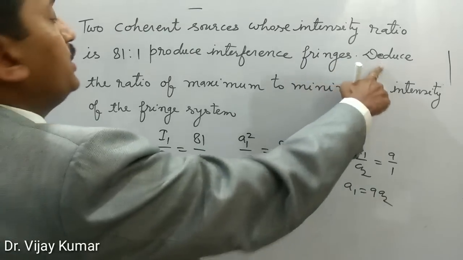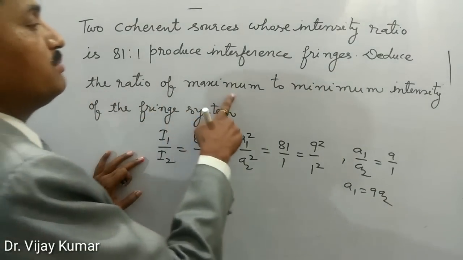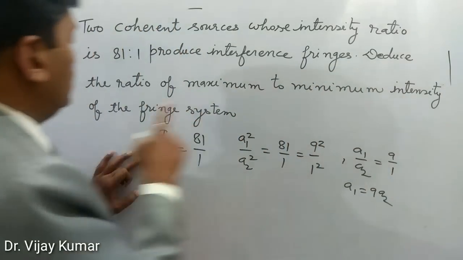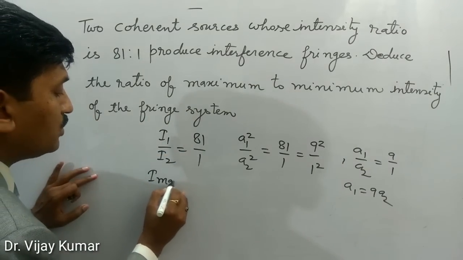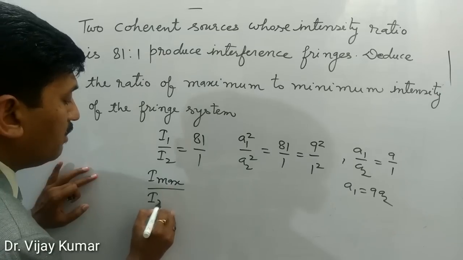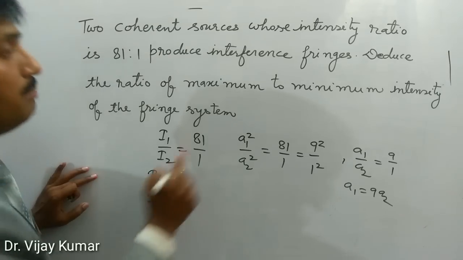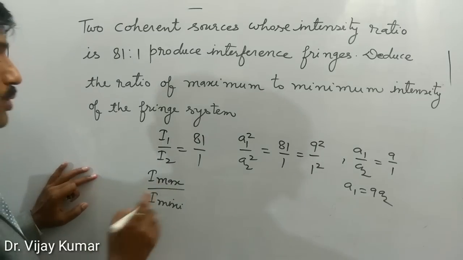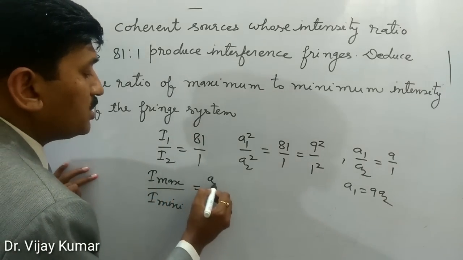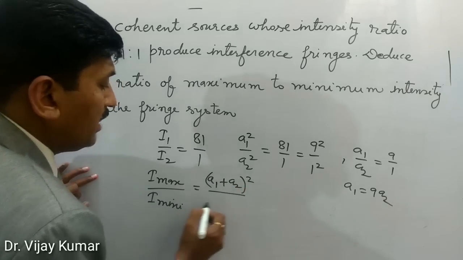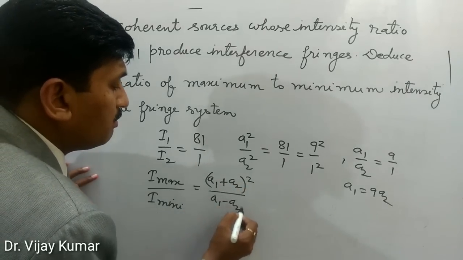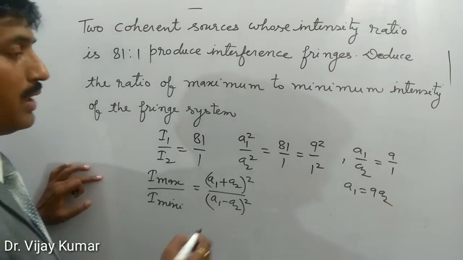After that, deduce the ratio of maximum to minimum intensity of the fringe system. The ratio of maximum to minimum is I maximum upon I minimum. I maximum means a1 plus a2 whole square, and I minimum means a1 minus a2 whole square.